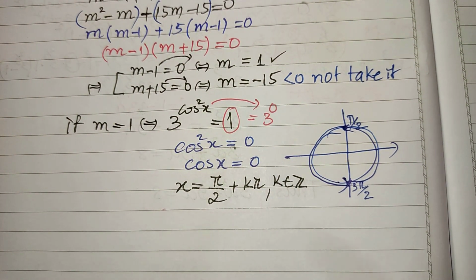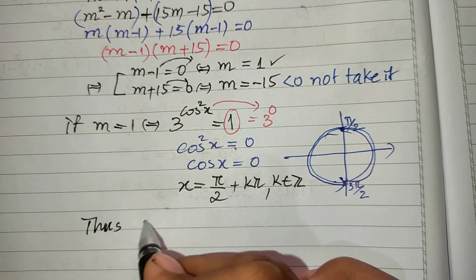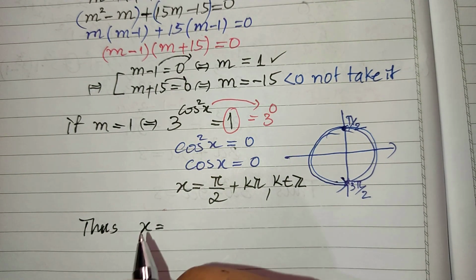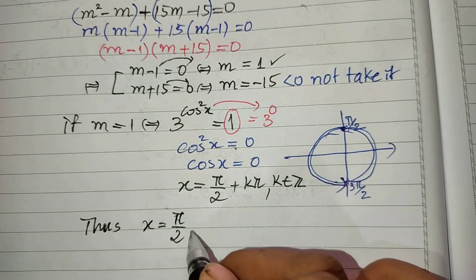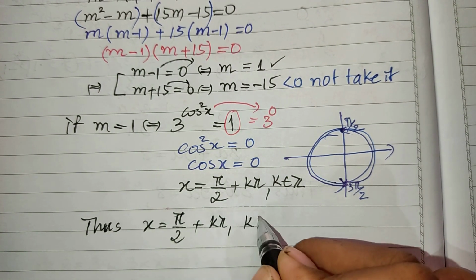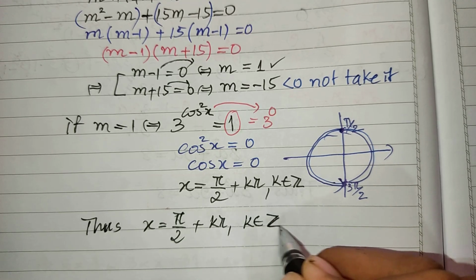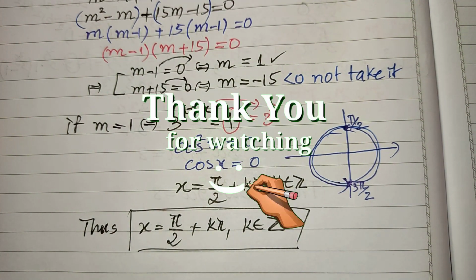Thus we get the values of x: x equals pi divided by 2 plus k pi, where k is an integer, is our solution.